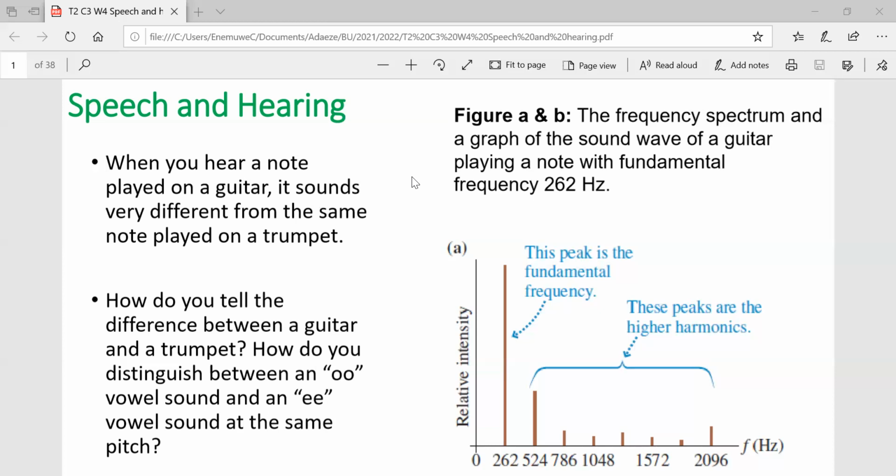Most of the principles we're looking at, yes, with the example of sound wave, but in terms of wave model, it applies the same way to other types of waves. So today we'll be focusing on speech and hearing, and we'll be looking at some other subtopics under that.